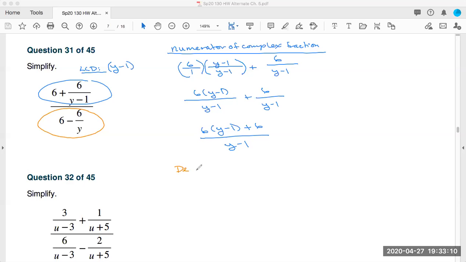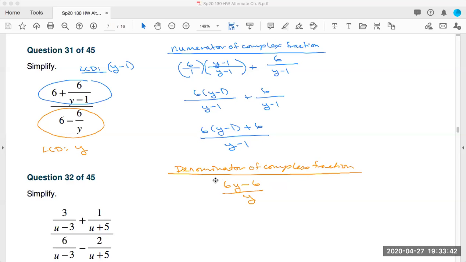So denominator of complex fraction. We have LCD of y. So this would become 6y minus 6 over y.